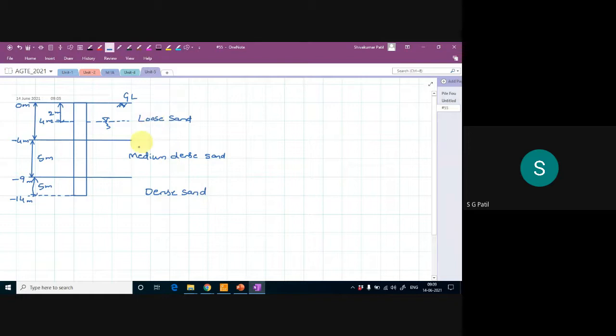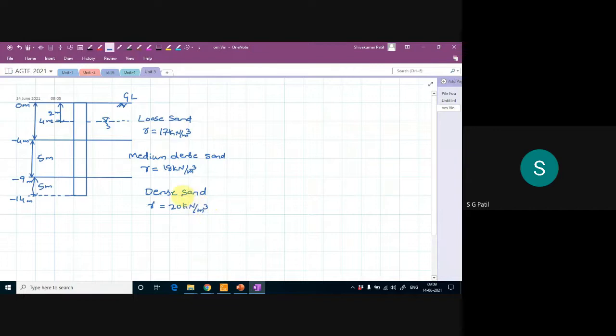So loose sand, medium dense sand, and dense sand: 3 layers of soil are there. The unit weight of the loose sand is around 17 kilonewton per meter cube, the unit weight of the medium dense sand layer is 18 kilonewton per meter cube, and the unit weight of the bottom dense sand layer is around 20 kilonewton per meter cube.